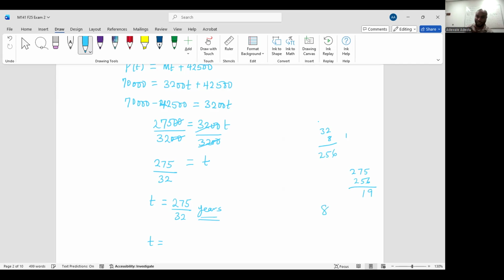So that is 8, then I have 19 divided by 32. Let me take this to decimal. How many 32 can I have in 19? That is 0. Then in 190, I should have at least 6. So I can just say my answer is approximately 8.6. No calculator, fine. I can still do that. But if you stop here, that is good.